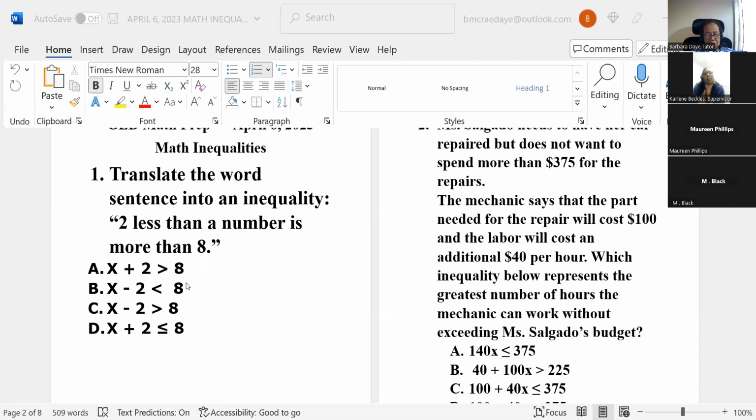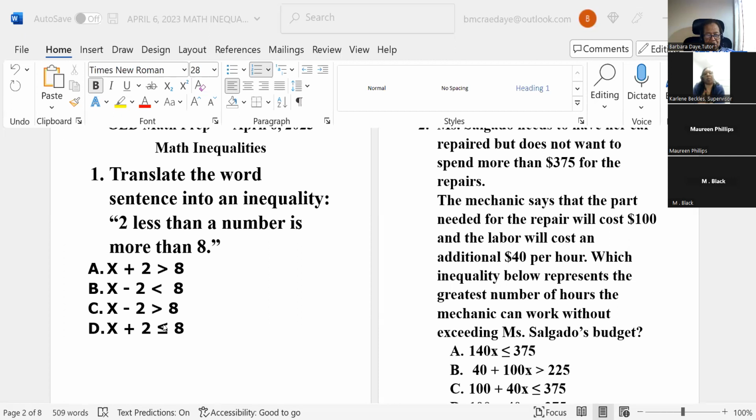Now, Maureen, do you know your inequality symbols? What is this symbol right here? See the cursor? That one, greater than. And this one, less than, this one, greater, this one, less than or equal.